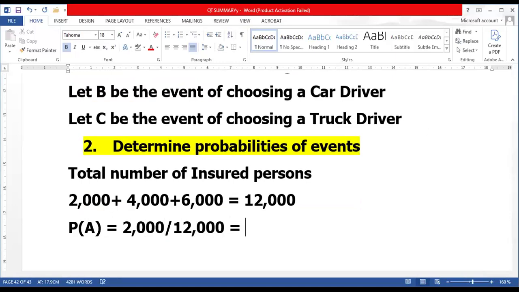What do you get? You can use the decimal points, 2 decimal places. 0.17.